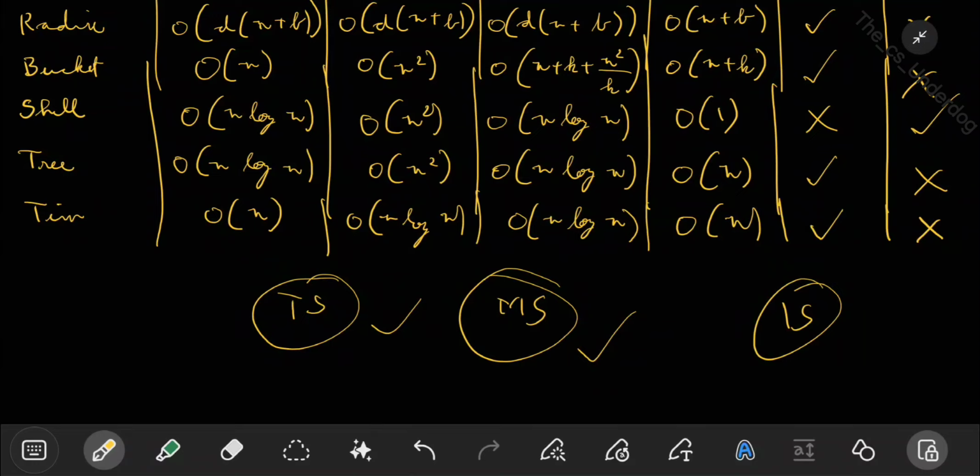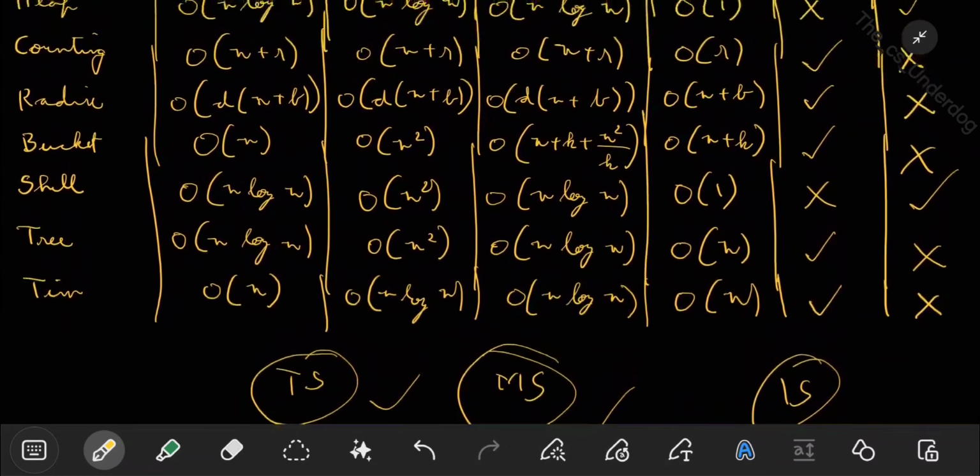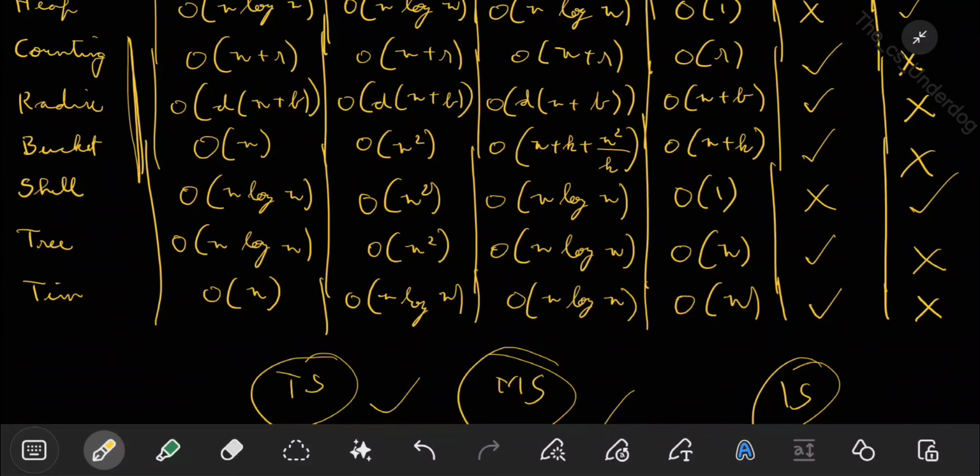Then whenever your data set is large, I don't mean infinite data, let us say you have a large input array, in such cases, we know heap sort is effective, then counting sort. With the non-comparison based algorithms, that is these three: counting sort, radix sort, and bucket sort, they generally have a better time complexity compared to comparison based algorithms.